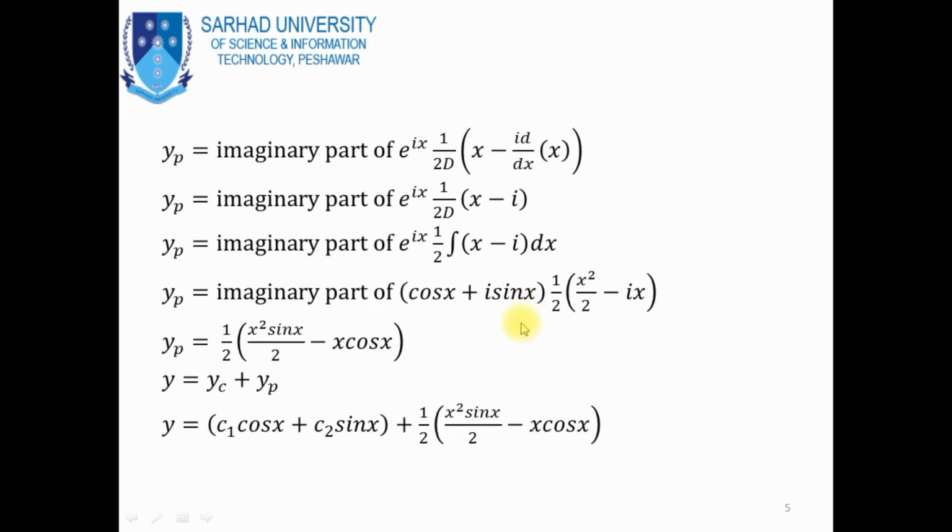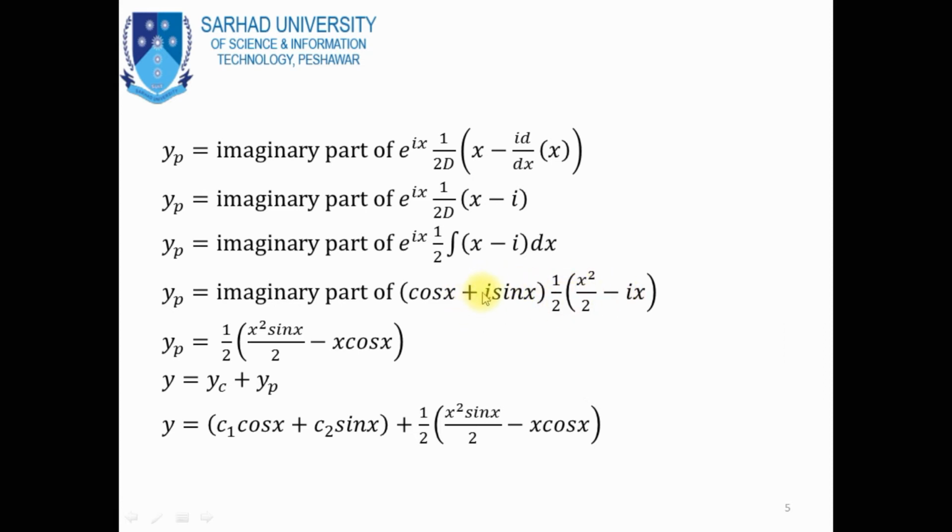There are two imaginary parts: i sin x into x²/2, and the other imaginary part is cos x into i x.